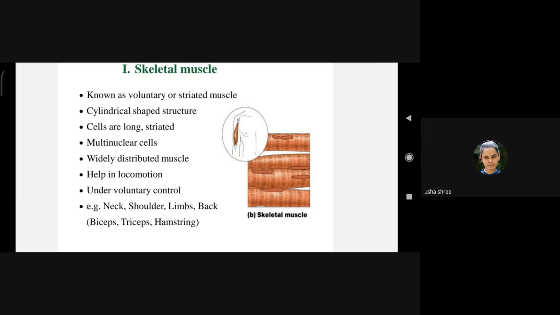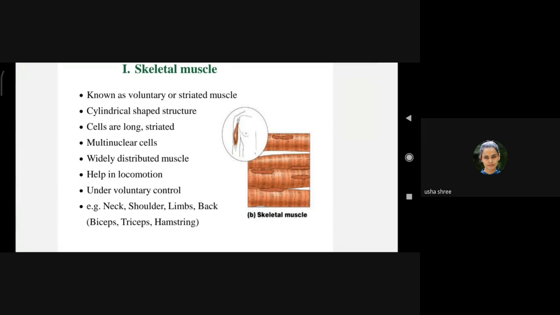As you know, we walk with our hands and our legs. So these muscles need much more control. That is why they are multinucleated. And next one is widely distributed muscle.